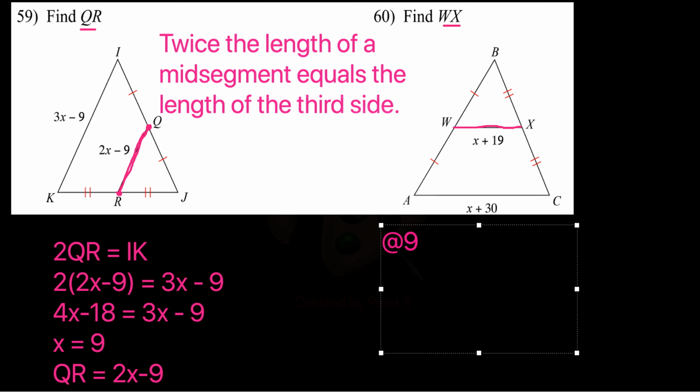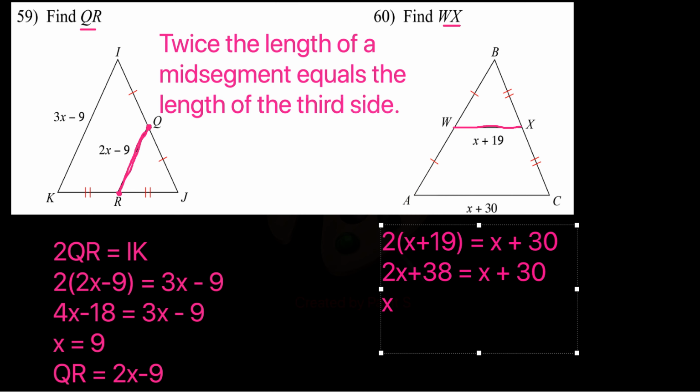So 2 times (x plus 19) has to equal x plus 30. And then we're going to get 2x plus 38 equals x plus 30. And then you solve it for x, you're going to get x equals negative 8.